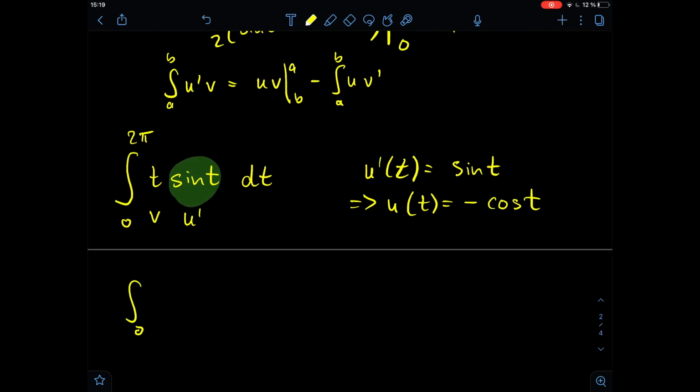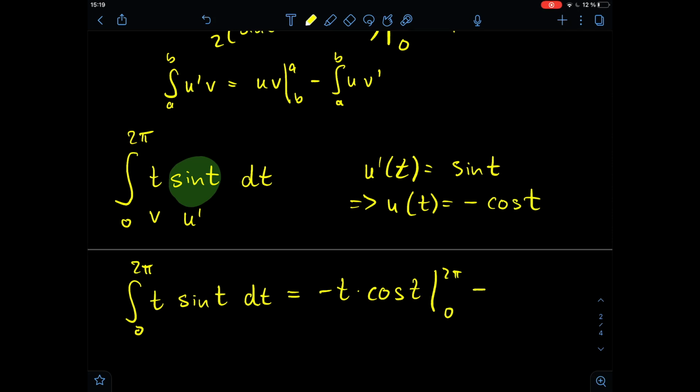So we have the integral from 0 to 2 pi of t times sine t dt is equal to minus cosine of t times t. Maybe let's put the t in front so we are not getting confused and the t is not part of the cosine. So minus t times cosine of t, and this evaluated at the limits 2 pi and 0.